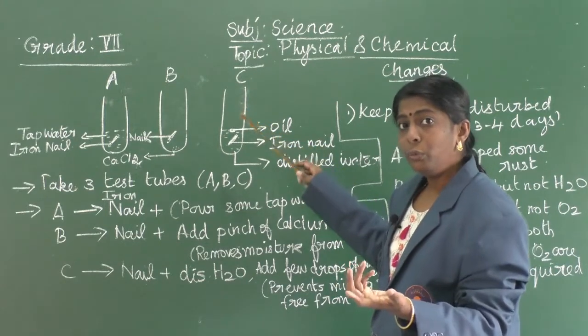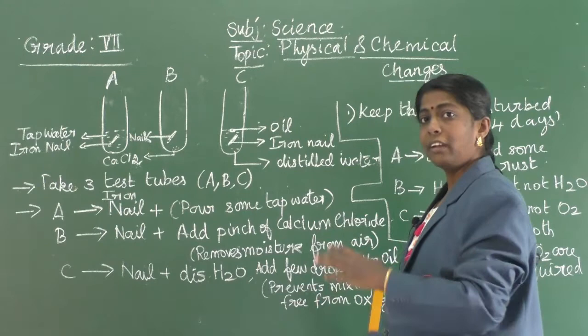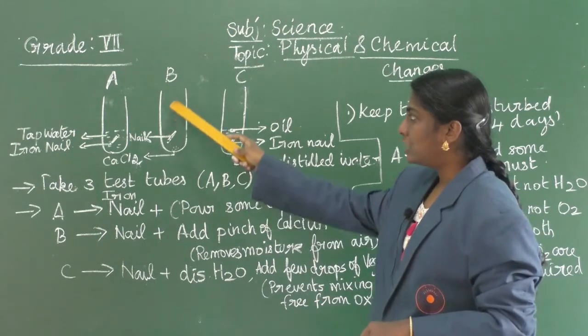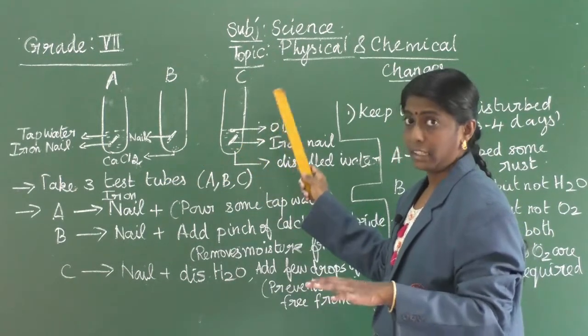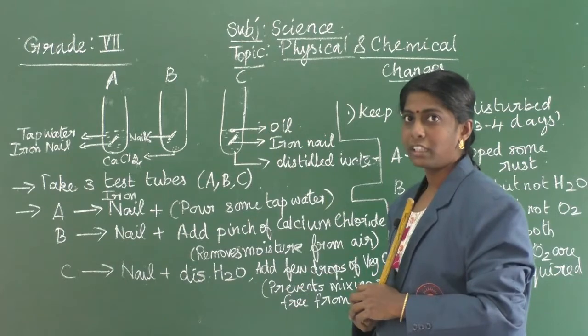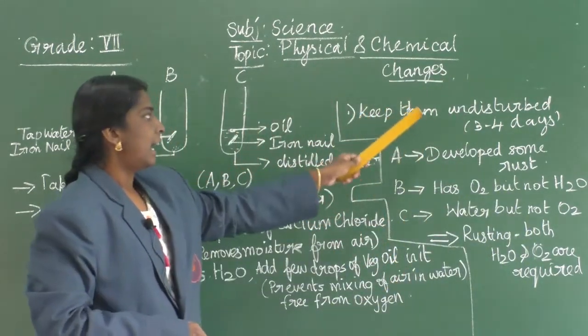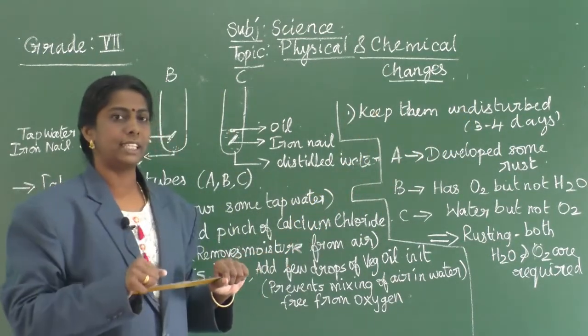The oil will just prevent the mixture of air in water. Clear? So in test tube B, no water is there, and in test tube C, air, oxygen is not there. Is it not? Then what to do? Keep them undisturbed for 3 to 4 days.